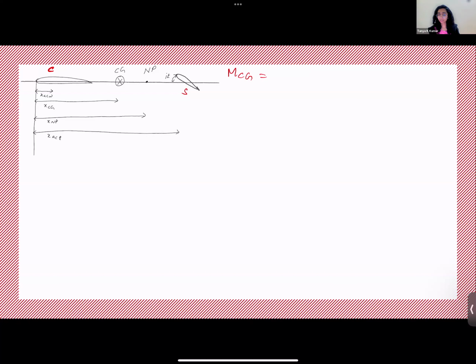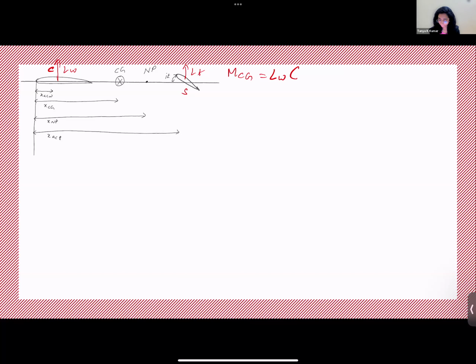Okay, let's start with it. I said that the wing was a cambered airfoil and the tail is a symmetric airfoil. So let's start with the lift at the wing. You have lift on the wing and lift on the tail. The moment produced by the wing lift, what is the distance between the aerodynamic center of the wing and CG?